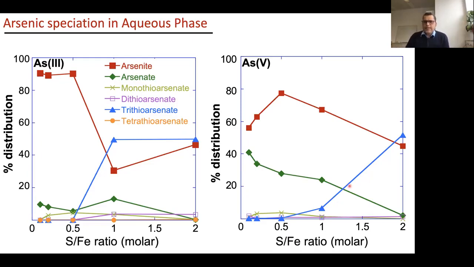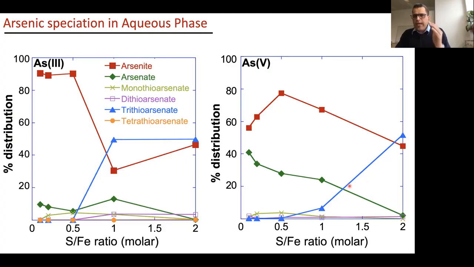So what this tells us is that in both cases, whether we start with arsenic 3 or arsenic 5, the end speciation during the sulfidation of ferrihydrite at higher sulfide ratio is trithioarsenate and arsenite. We also did speciation at all these sulfide ratios, and it would be confusing to show all of that here.